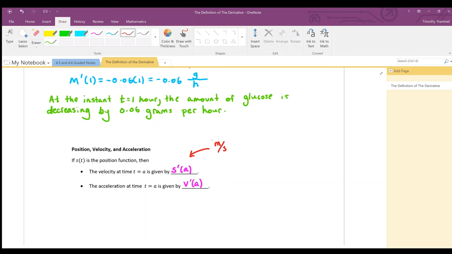So maybe seconds, minutes, hours, so on. Okay. But when we move down here, well, velocity is already measured in meters per second. But if you find the rate at which that's changing, then what you're looking at is meters per second per second. Or sometimes we'll write that as meters per second squared.